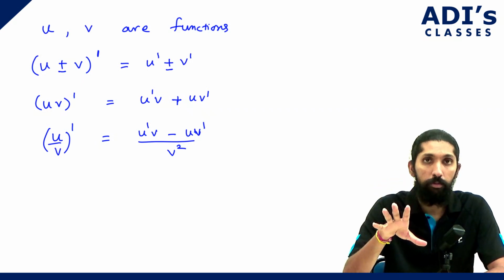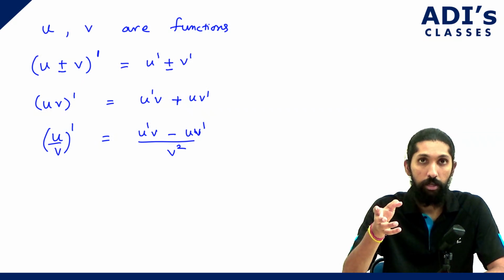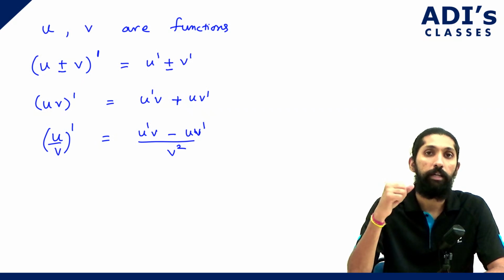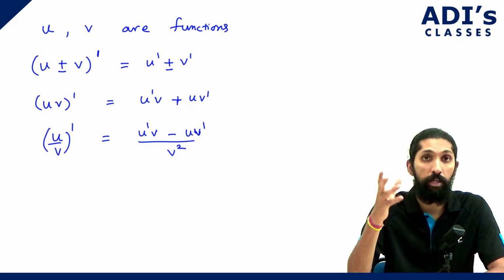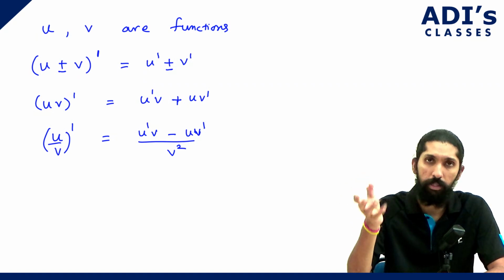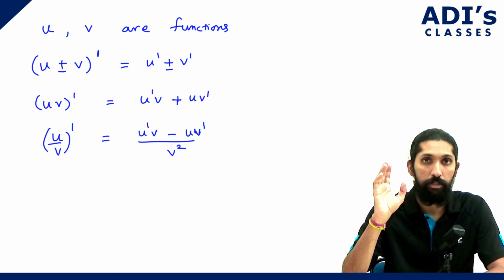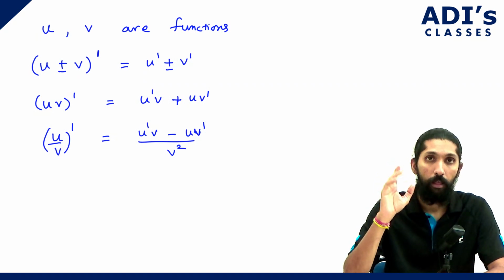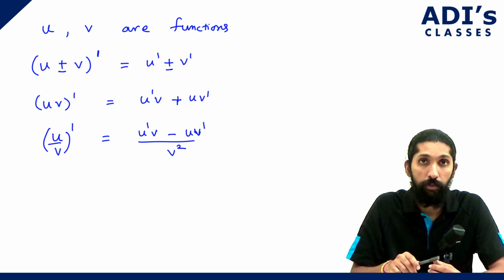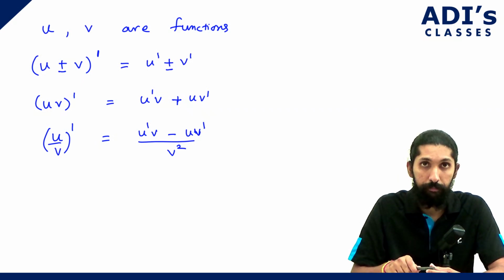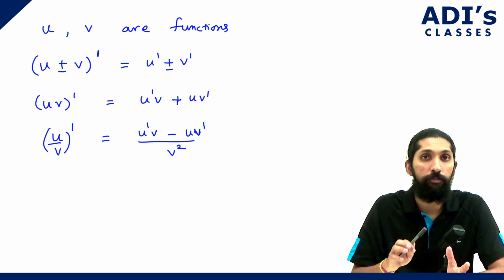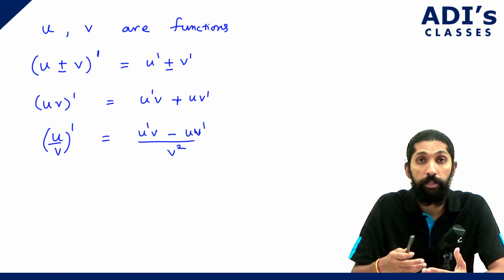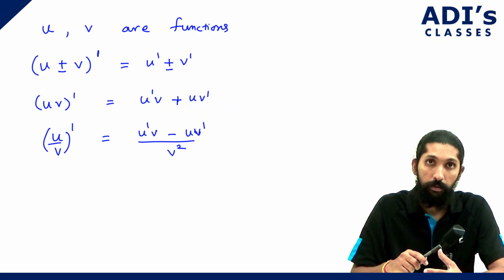Now we are going to look into composite functions because whatever we had before were all very simple functions, like sine x, cos x, x square minus 3x plus 1. Where you apply these rules, you directly get the answer. But this year, you have composite functions, something like f of g of x types. So when you have these, you need to understand how to differentiate those composite functions.